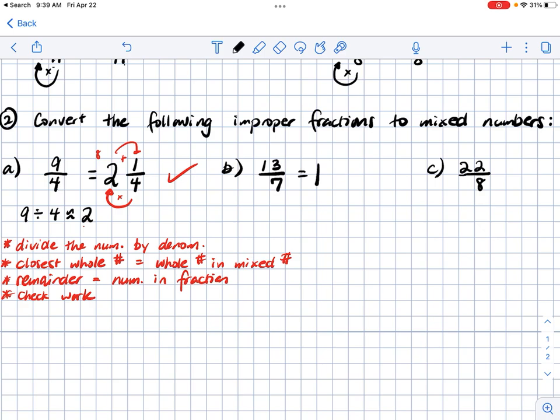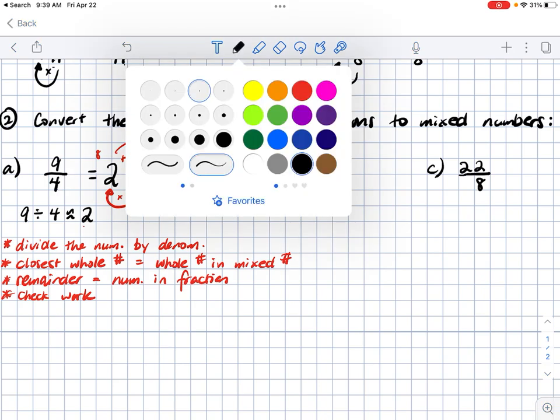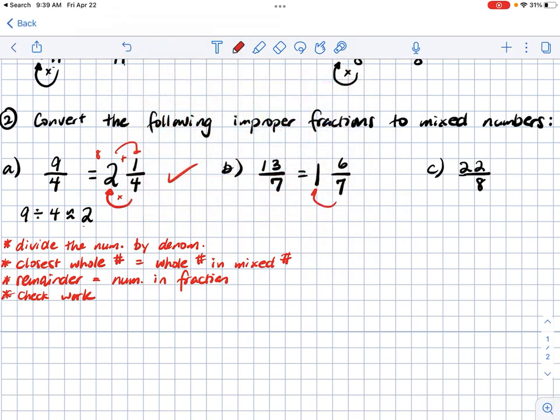So if 1 times 7 is 7, we know the remainder is 6 over 7. Remember that the denominator stays the same in both cases. Check your work. Okay, so what's 1 times 7? It is 7. 7 plus 6 gives you 13, so you know you're correct.